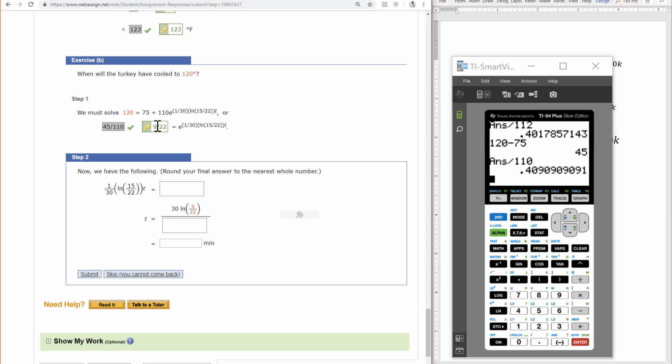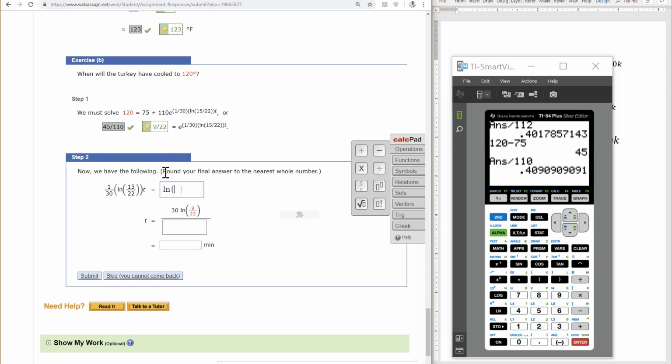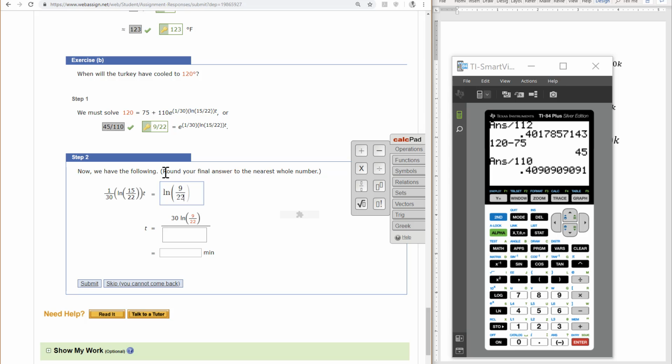They reduced to 9/22. And now to solve for this, they rewrote this thing. So it looks like they just took the ln of both sides. So that's the ln of 9/22. And then they're going to multiply by 30 on both sides.